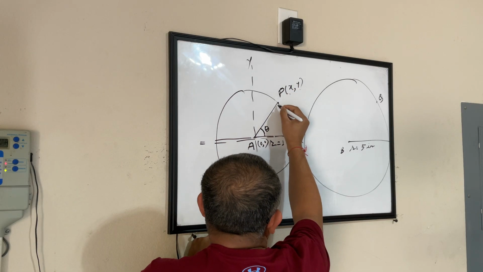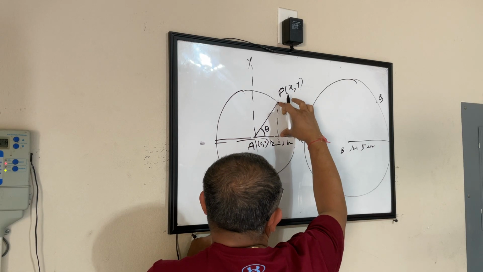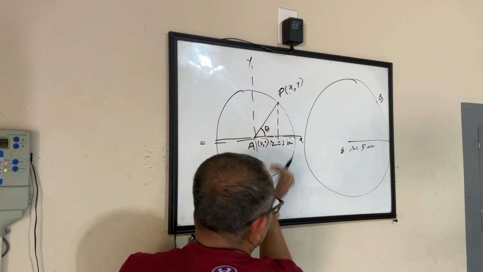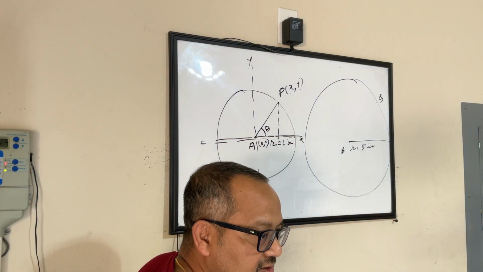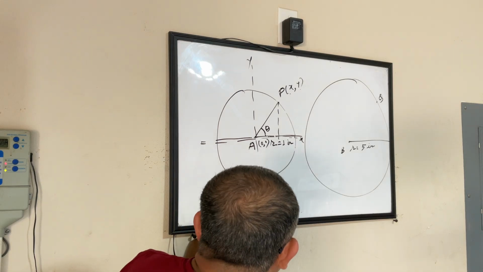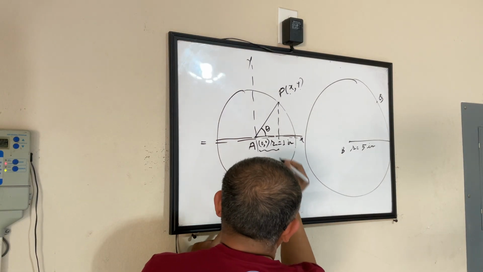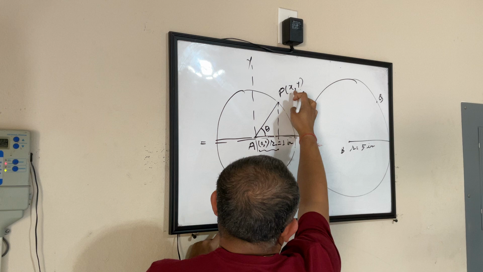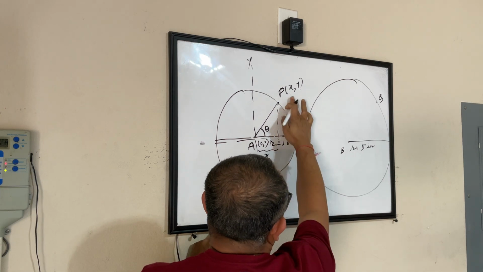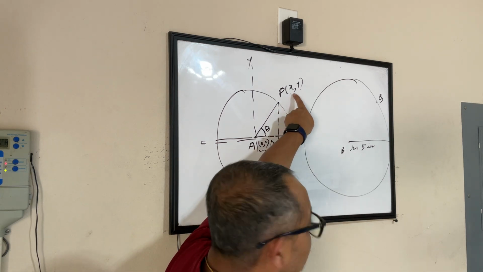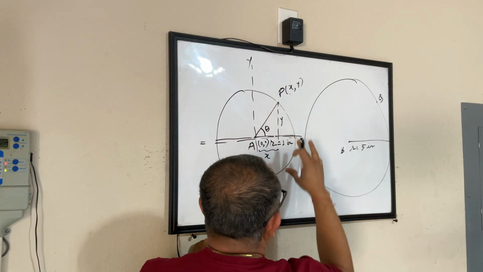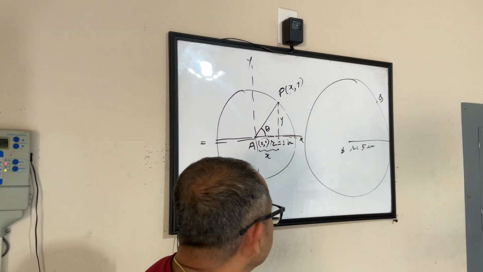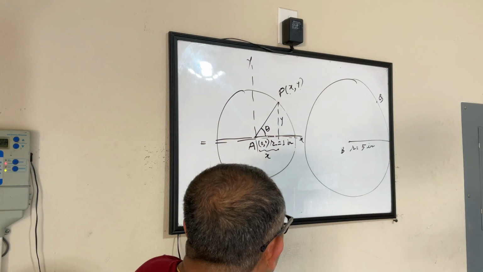So here my y coordinate will be this length and my x coordinate will be this length. Correct? Are you guys with me so far? Yeah. Now my x coordinate from here to here is nothing but this x value. I have given the coordinates as x comma y, and my y coordinate is nothing but the value here to here, the length of this line basically.